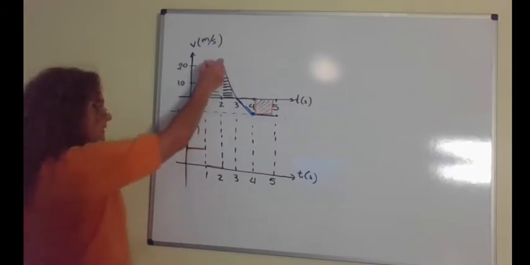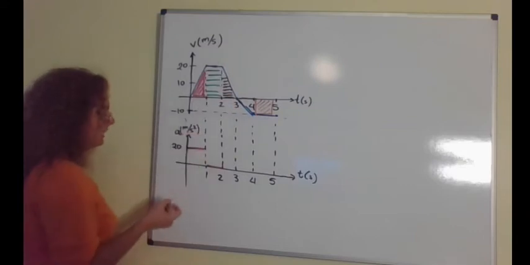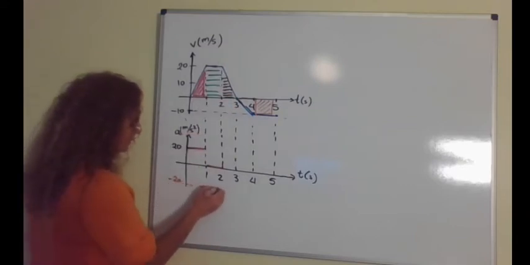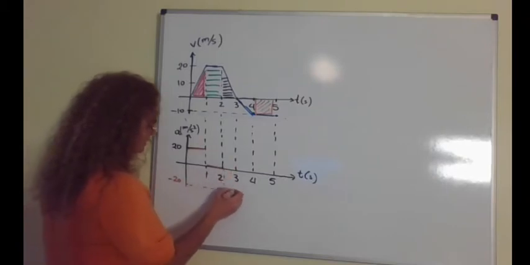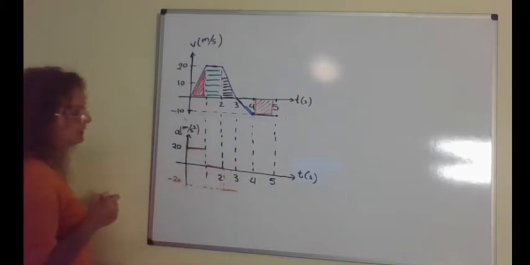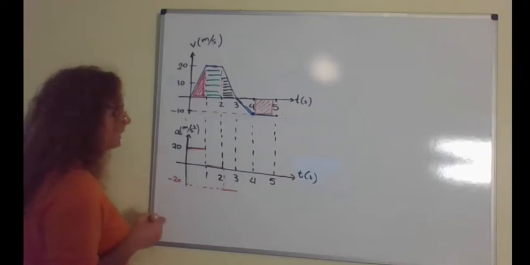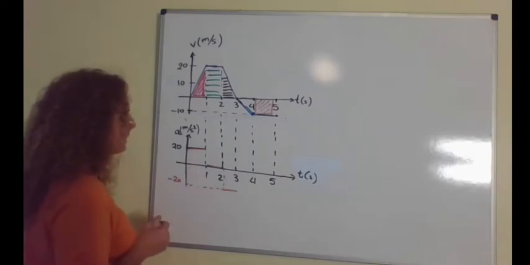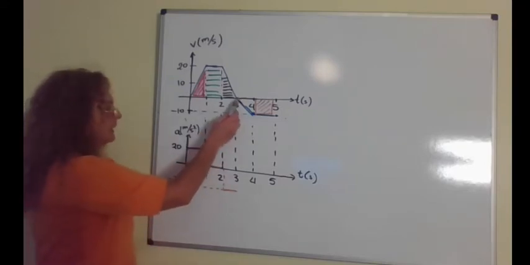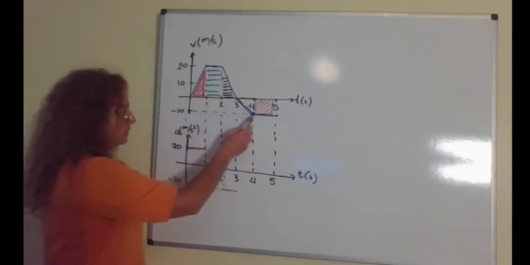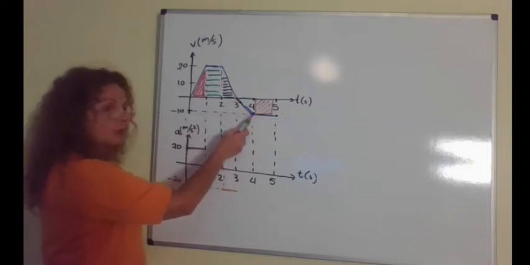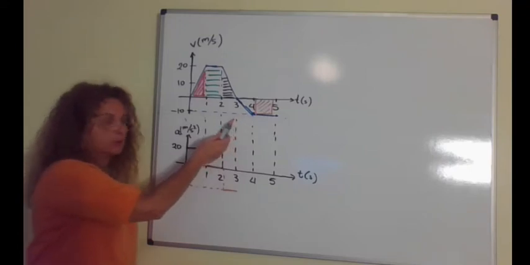The object starts slowing down, so we have a negative slope of negative 20. So from 2 to 3 seconds, the acceleration is negative 20 meters per second squared. Then, in the next second, from 3 to 4, it speeds up to the opposite direction, to the negative direction.